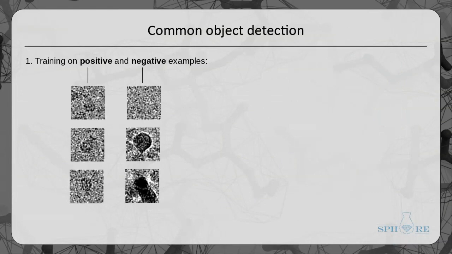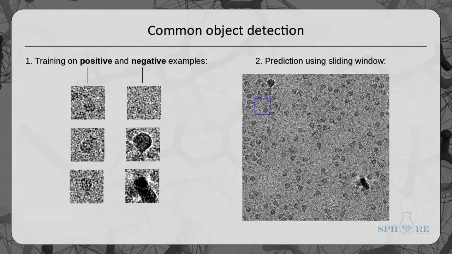Then you train a classifier on it to distinguish both cases. Nowadays, for this kind of question, you use convolutional neural networks because they are pretty good for these questions. The common approach is to use a sliding window, which is basically an image convolved over the micrograph.